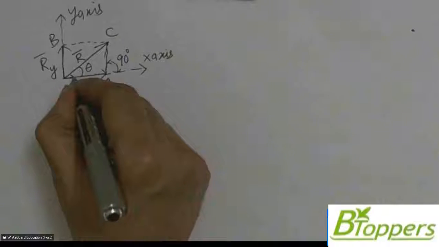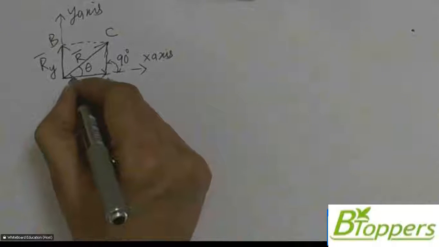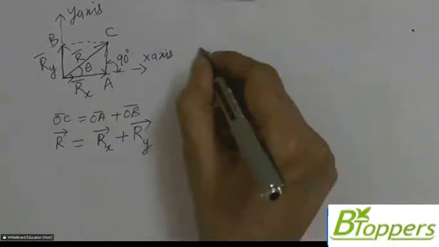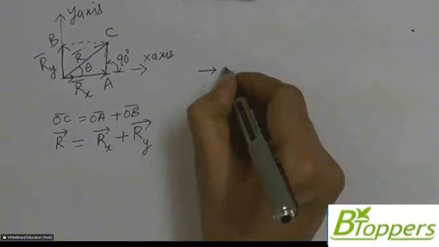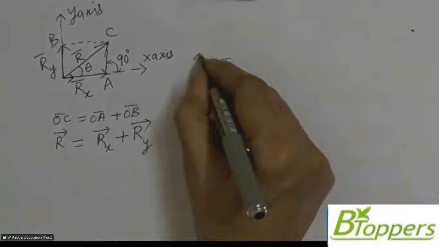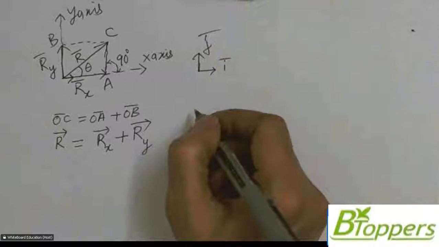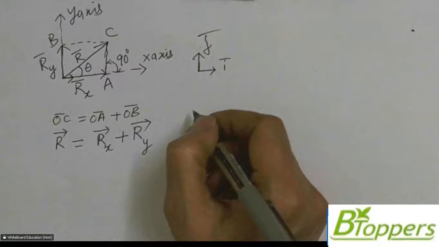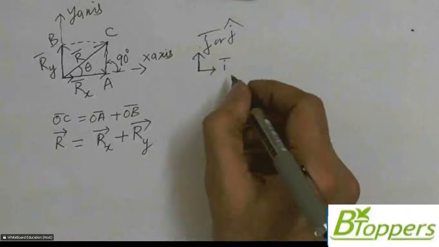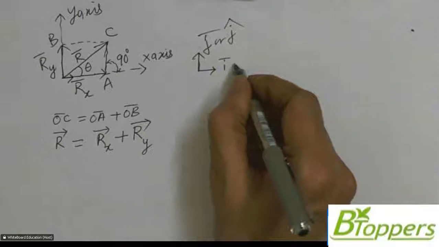The unit vector which acts along the positive direction of the x-axis is denoted by I bar or I cap.